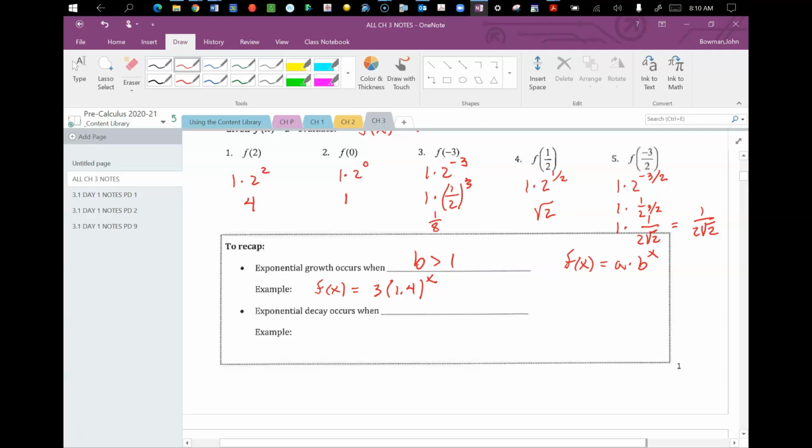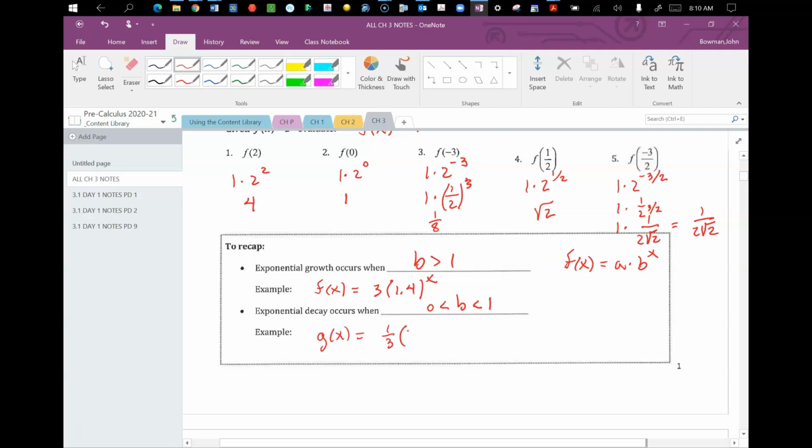Exponential decay occurs when b is between 0 and 1, which means that as x is increasing, you are multiplying by a number smaller than 1 but bigger than 0, so y continues to decrease. An example of that would be g of x is equal to, let's make this one a little bit tricky, 1/3 times 1/2 to the x.